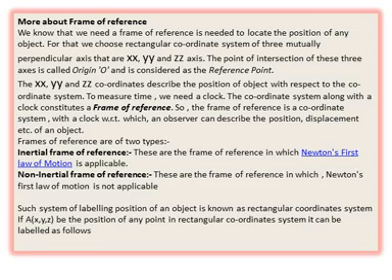As shown in the last slide, a rectangular coordinate system having three mutually perpendicular axes intersecting at a point, and this point is known as origin, right? Further, the frames of reference are of two types: inertial frame of reference and non-inertial frame of reference.